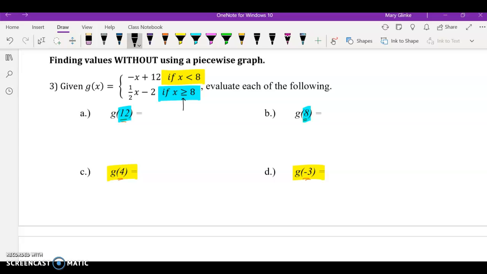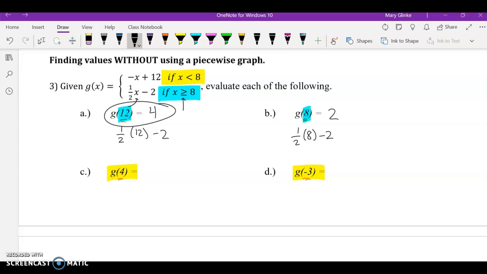So now what we're going to do is we're going to take each of these rules and plug in the numbers into the appropriate rule. So for 12, we're going to do half of 12 minus 2, which ends up giving us 4. For 8, that's the bottom equation, so half of 8 minus 2, which ends up getting us 2.